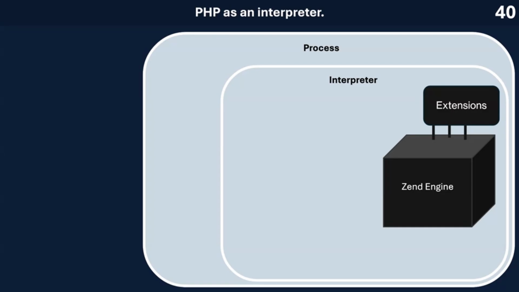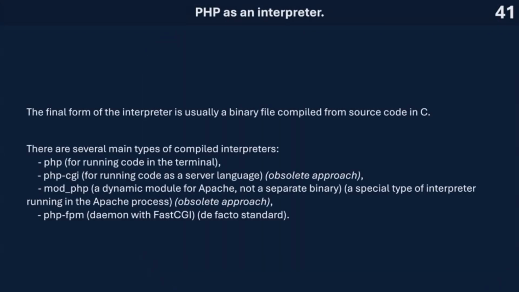So, let's summarize the interpreter. The final form of the interpreter is a binary file compiled from C source code. There are several basic types of compiled interpreters. This is PHP for running code in the terminal. php-cgi for running code as a server language, an outdated approach. Mod PHP is a dynamic module for Apache, not a separate binary. It is a special type of interpreter that runs within the Apache process.